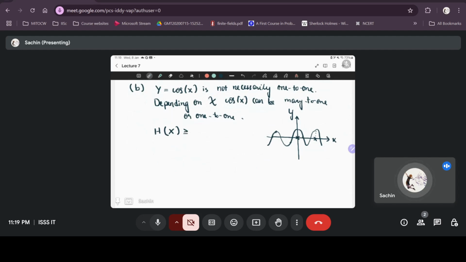But suppose x takes only values in this interval, then that is a one-to-one function, and h of y is equal to h of x. So we can't really tell unless we know what values x takes.